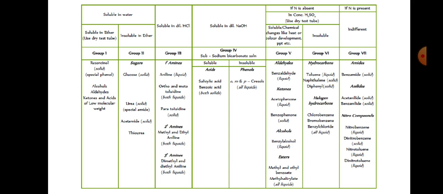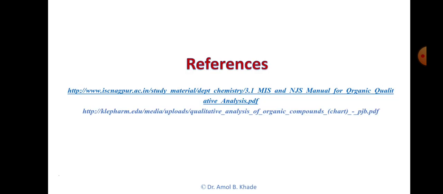So based on the preliminary test, solubility test and of course the melting point or the boiling point of a particular sample, you have to utilize these and you should get closer to the identity of the given unknown organic compound. So this is all about the solubility test.